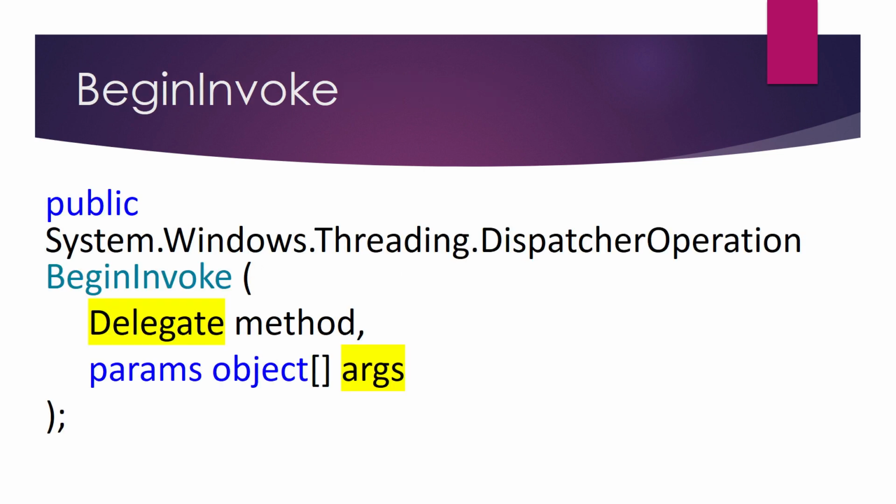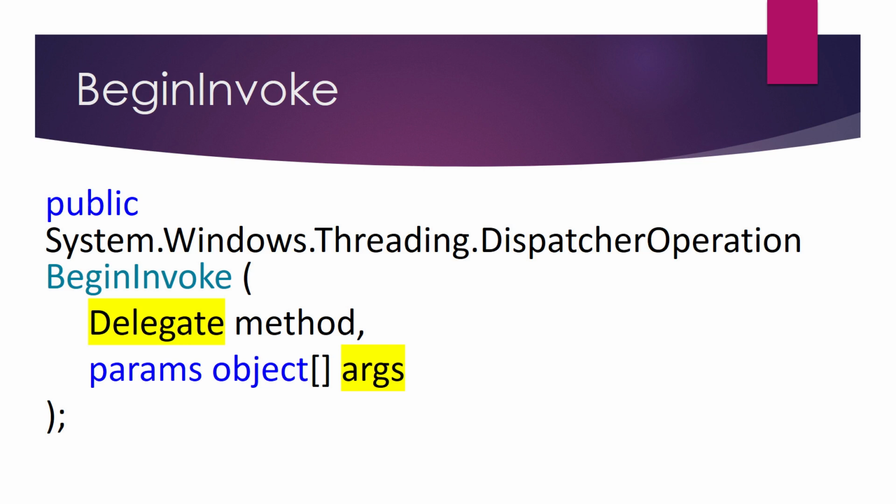Since we will use begin invoke in our example, let's take a closer look at one of its declarations. Here, the first parameter is a delegate to the method that takes parameters specified in args, which is pushed onto the dispatcher event queue. The args is an array of objects to pass as arguments to the given method.